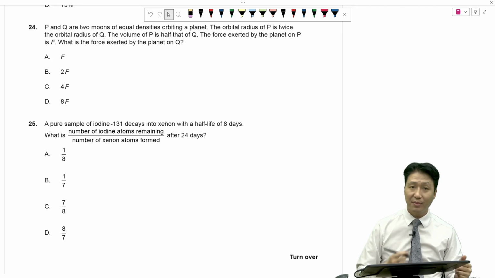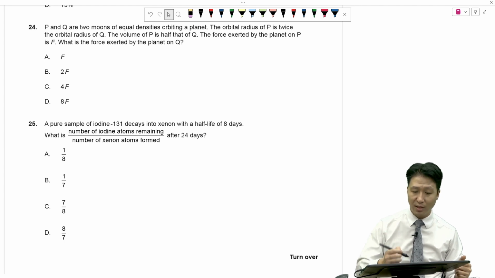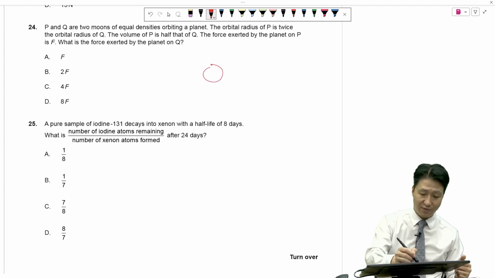For number 24, P and Q are two moons of equal densities orbiting a planet. The orbital radius of P is twice the orbital radius of Q. So immediately you have a planet and you have two moons at different distances.